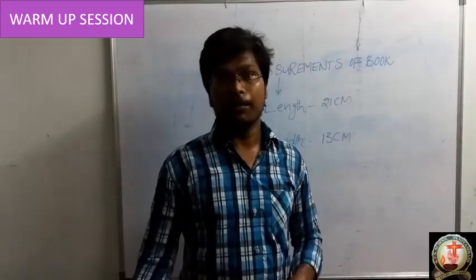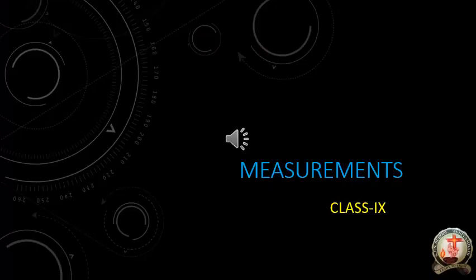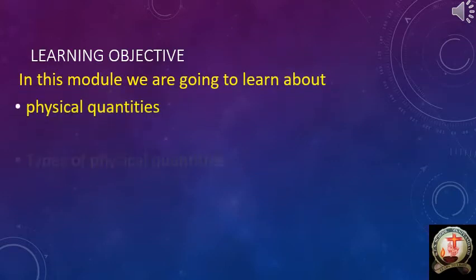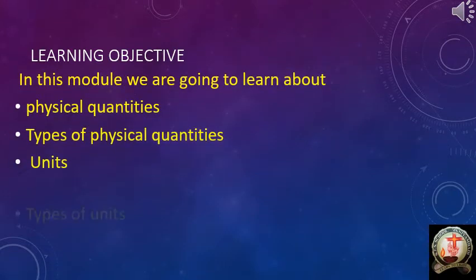Okay. Today I am going to start the first chapter in physics. The chapter name is measurements. In this chapter, today we will discuss a few topics. In today's class, let us see what we are going to learn.